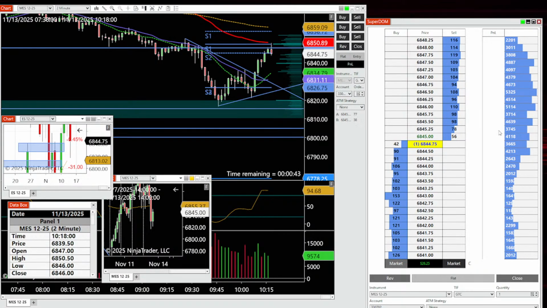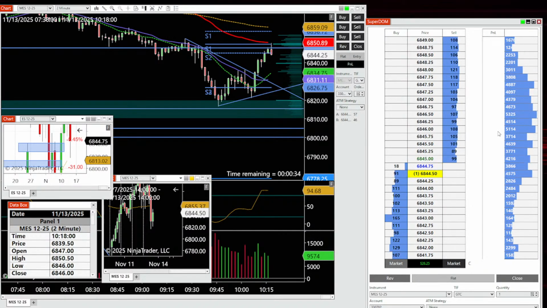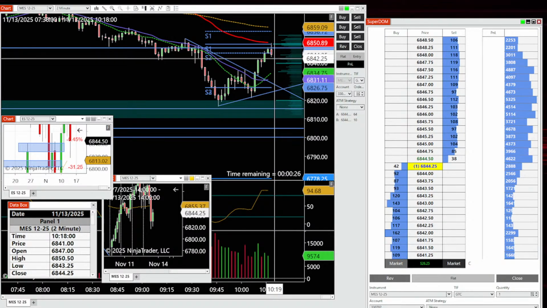I think this break of 45 could be a move. I would rather see it on another bar.